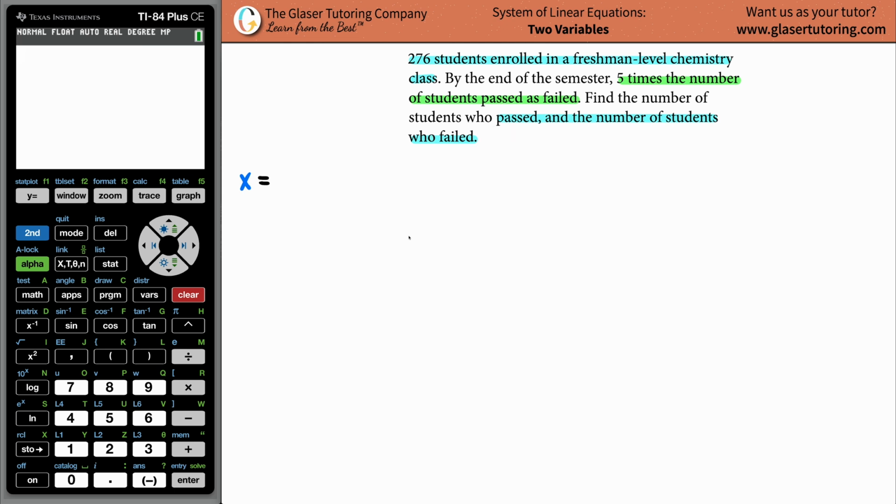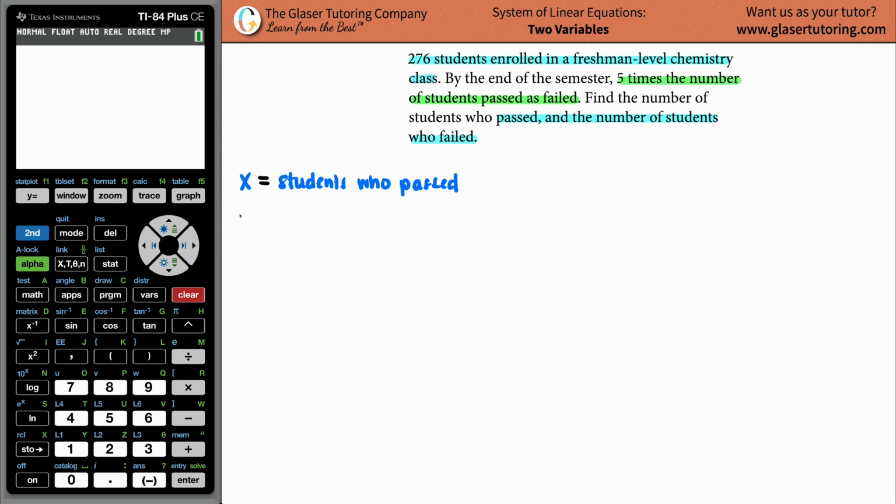And if you want to use the pass as X, go for it. If you want to use pass as somebody else, you could use that letter as well. So for me, maybe I'll say X equals the number of students who passed. Yip, yip, hooray.